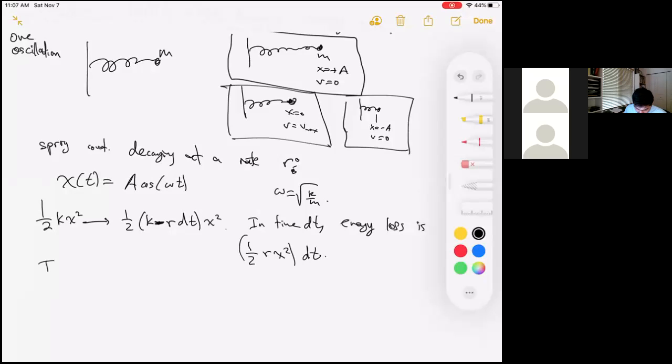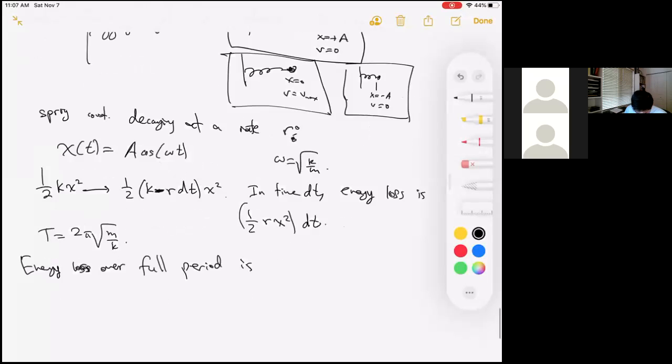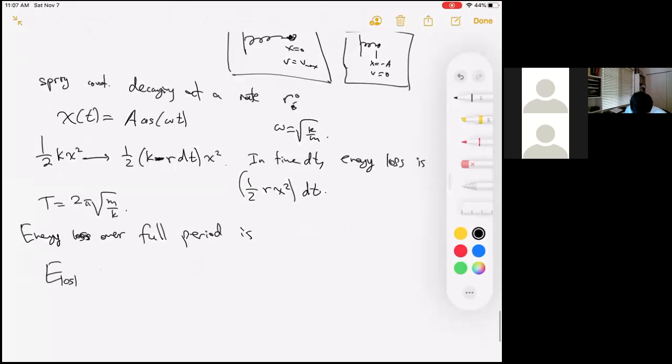if we let the period be T equals 2 pi root m over k, the energy loss over a full oscillation, so full period, is the integral of 1/2 R x squared dt, which is, you can work out this integral.